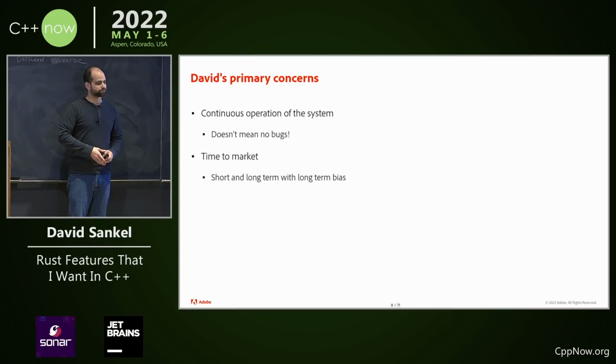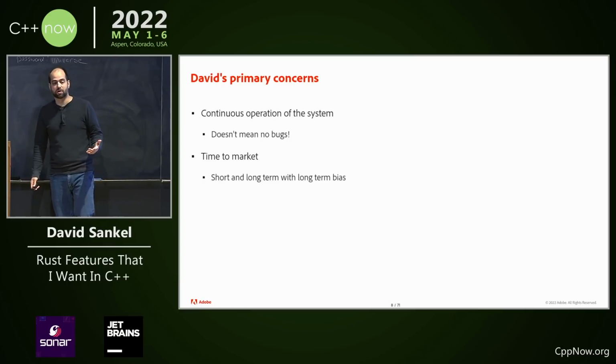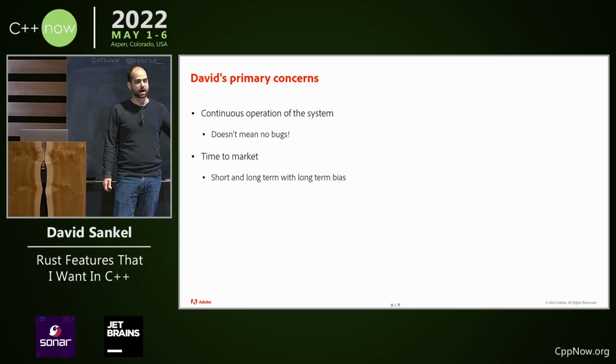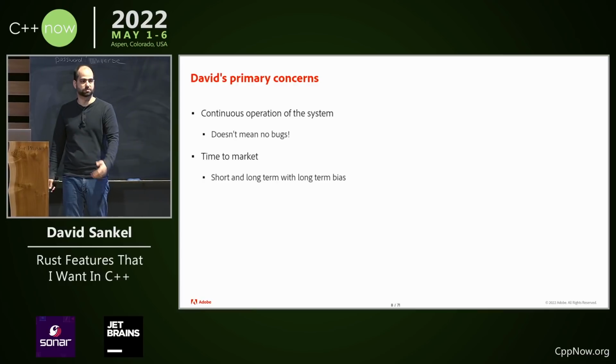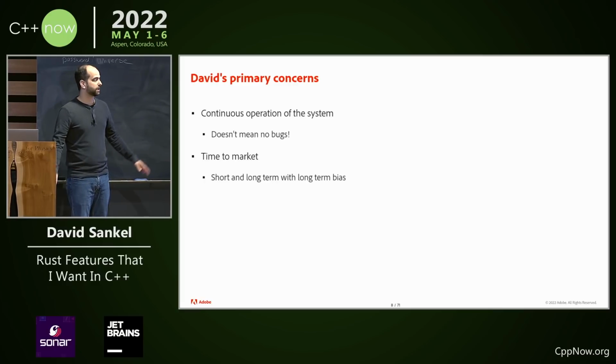That means I can't have technical debt grow and grow and grow, and our time to market increase and increase over time. So I have a long-term time to market bias. I'd rather release a feature a little bit later now in order to keep that long-term time to market in a reasonable place. So these are my biases. Hopefully you're okay with that.